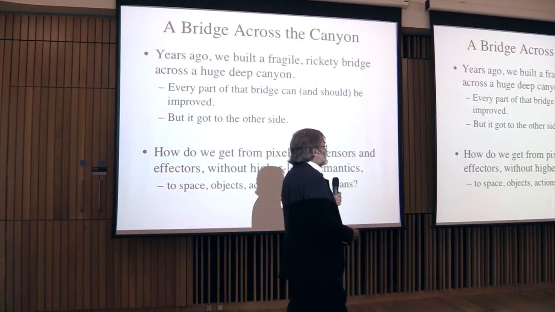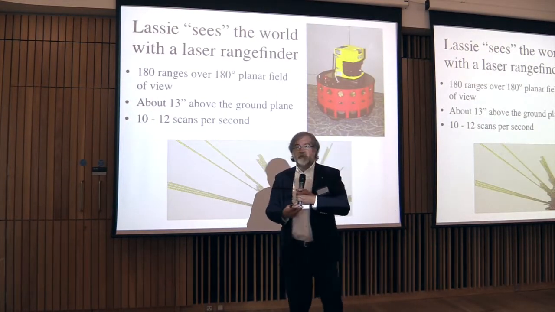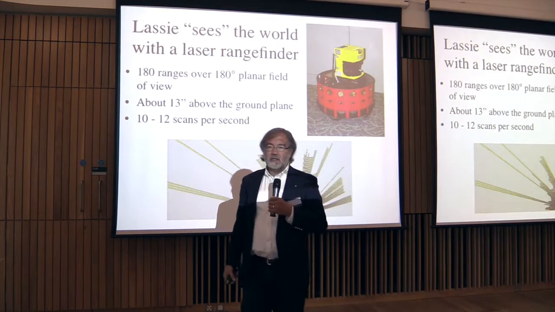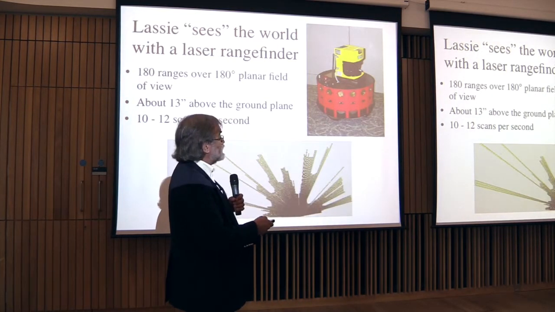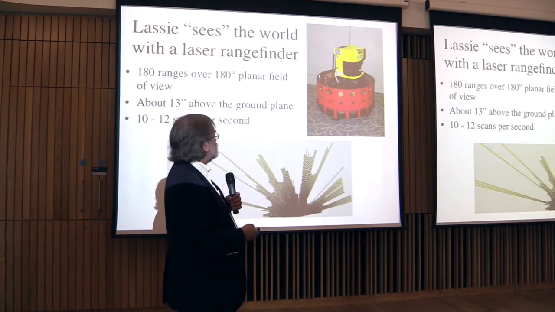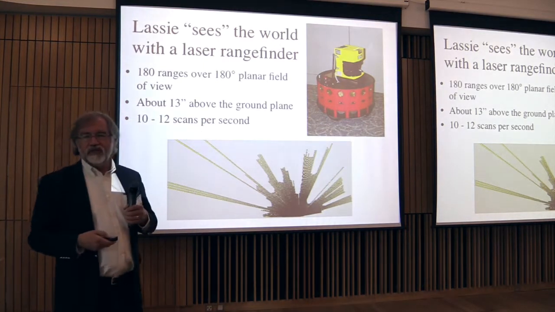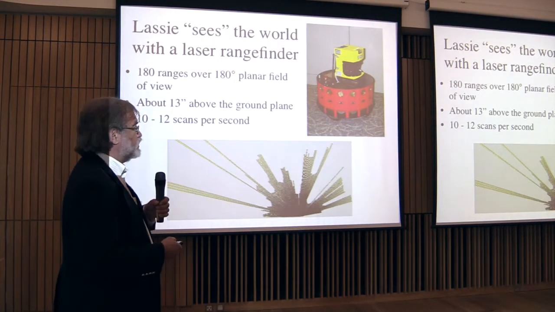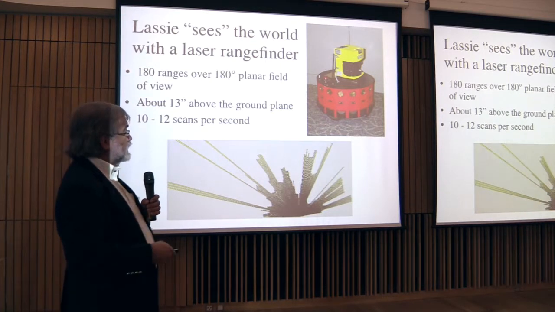Well, that's a big agenda. So we're going to do it in a very particular setting. And so this is a robot called Lassie. Lassie is a Magellan robot built by iRobot. They've stopped building laboratory robots, I'm afraid. This is a SICK laser rangefinder.